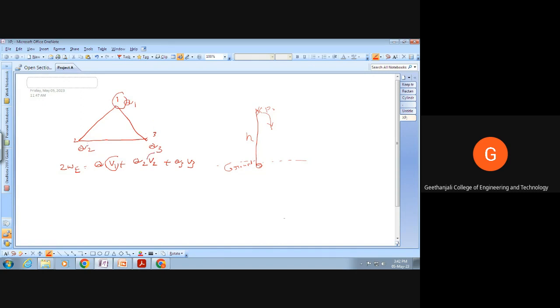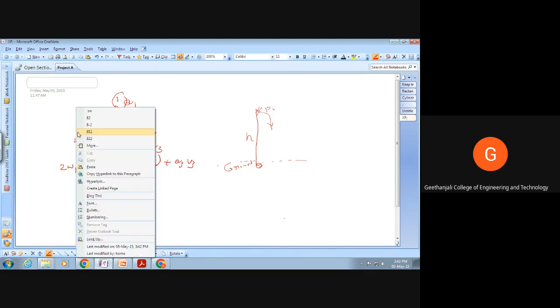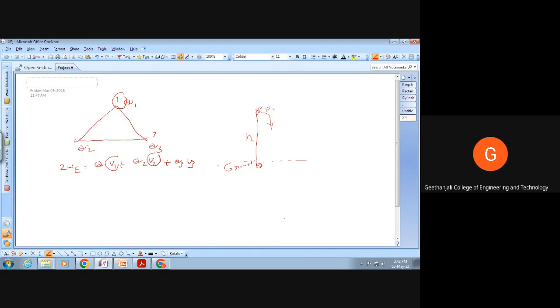What is V2? V2 is the total potential at point 2 because of the remaining charges Q1 and Q3. What is V3? Total potential at point 3 because of Q1 and Q2. So like that, if the number of charges is finite, I can make use of this equation.